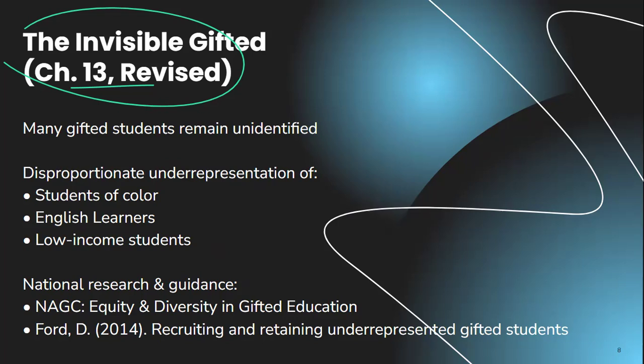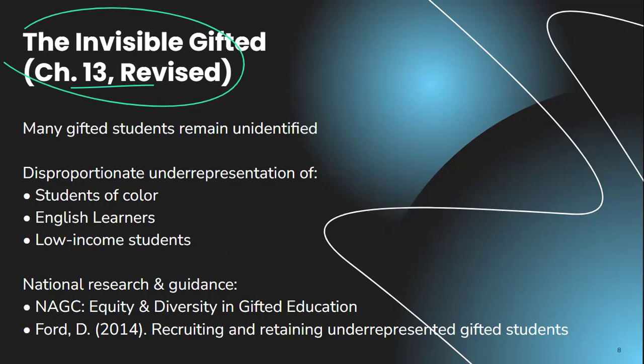Notice that the NAGC Equity and Diversity Resources have some fantastic materials. They help emphasize multiple criteria for identification, culturally responsive practices, and ongoing teacher training. So part of your assignments for this course may involve you digging into some of these resources.